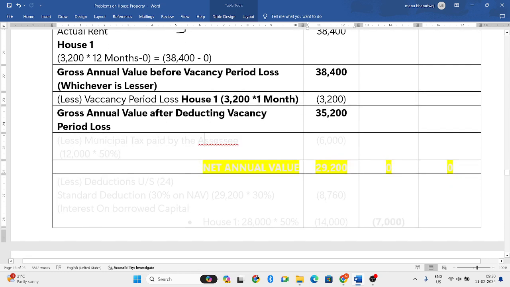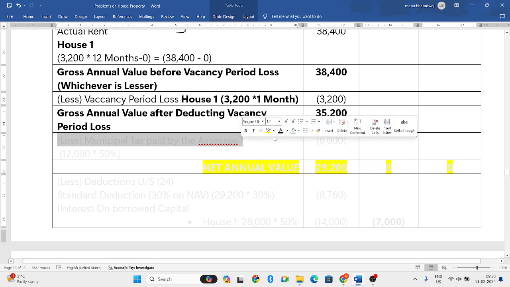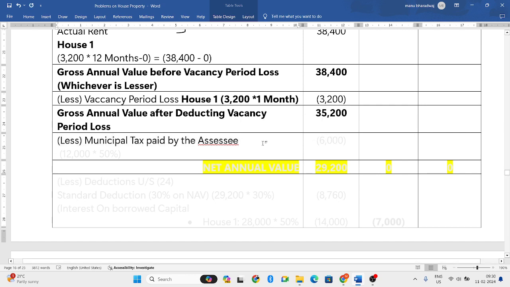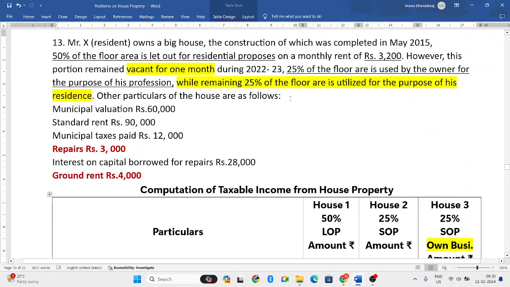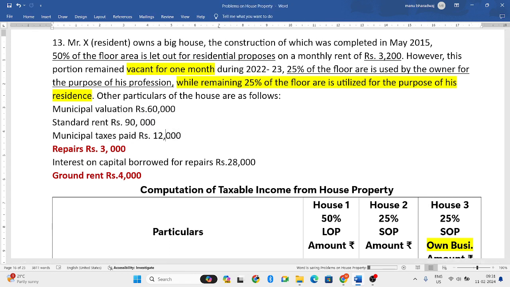From that, you have to subtract the municipal tax paid by the owner. The total tax paid by the owner is 12,000. In that, we only consider the tax paid for the LOP portion. LOP is 50%.